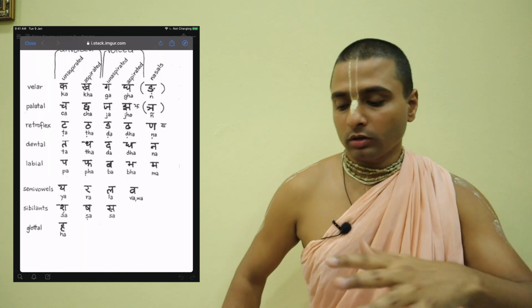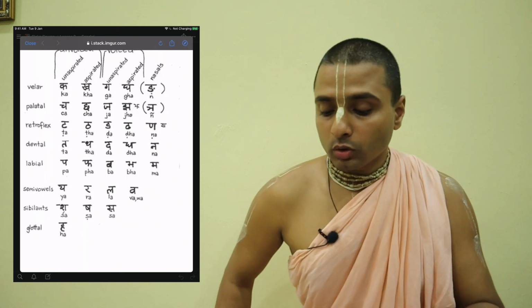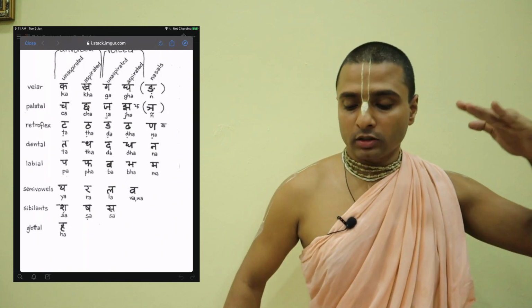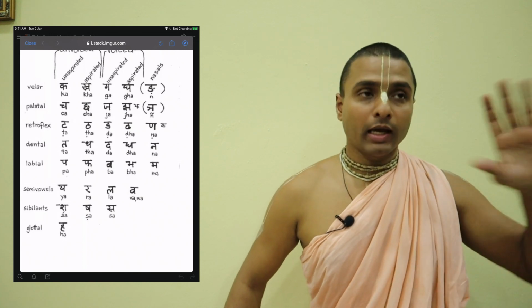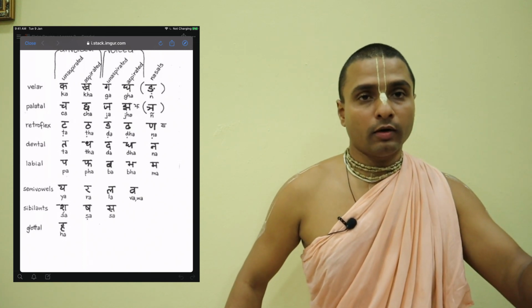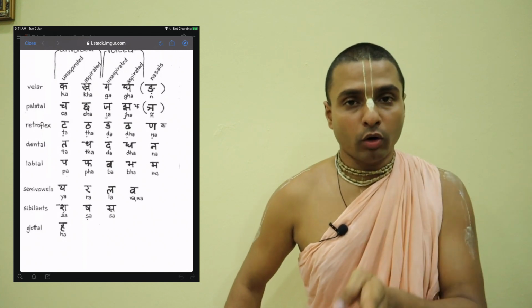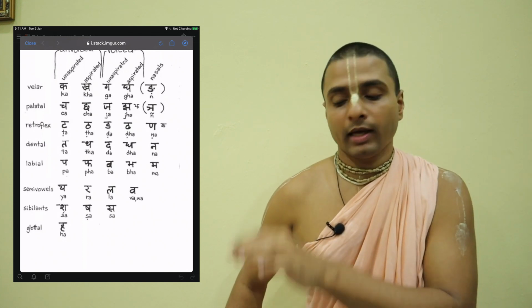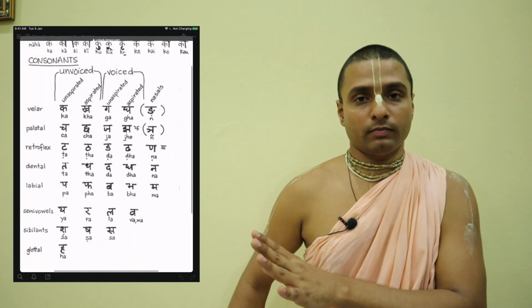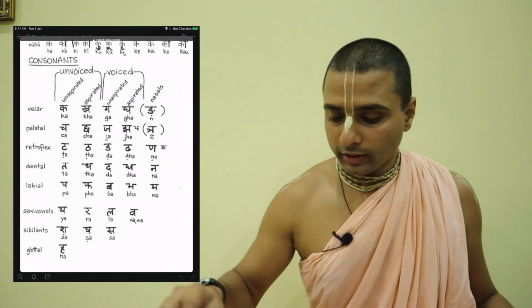I will explain why later on when we get there. So this is velar, palatal, retroflex, dental and labial series, and in each series there is unvoiced unaspirated, unvoiced aspirated, voiced unaspirated, voiced aspirated, and then nasal. This is the way. Alright.